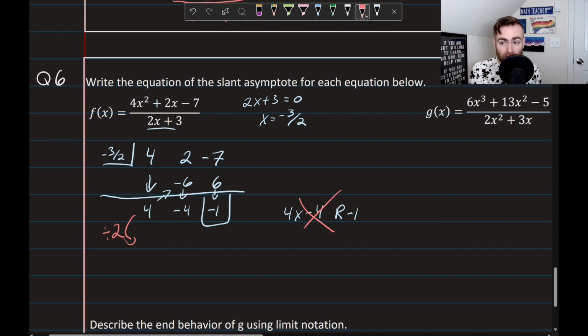So we're going to divide all of our numbers by 2. That gives us 2x minus 2 with a remainder of negative 1/2. So our slant asymptote would then be y equals 2x minus 2.